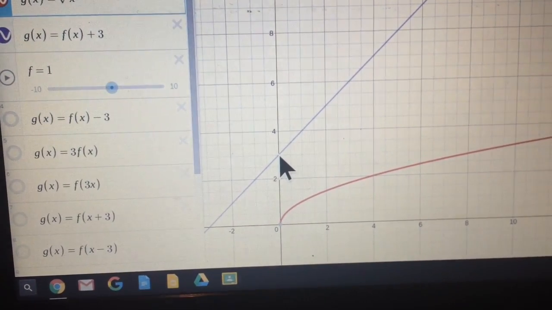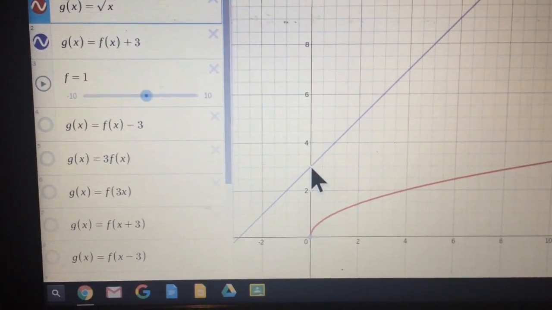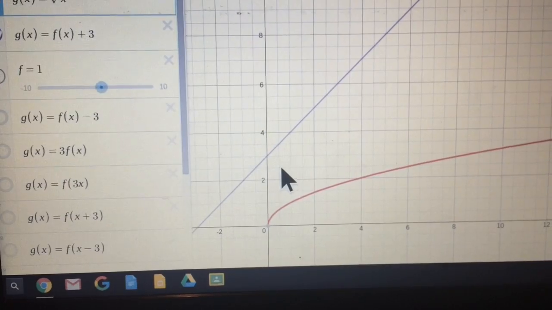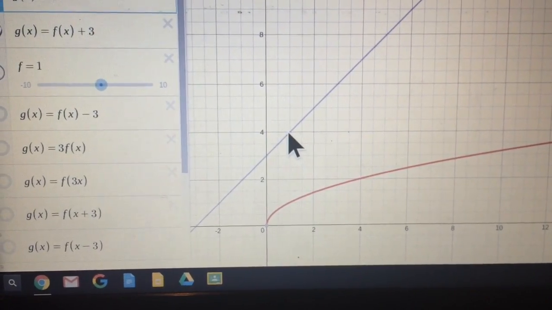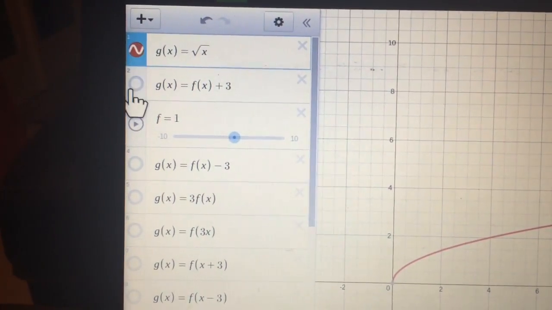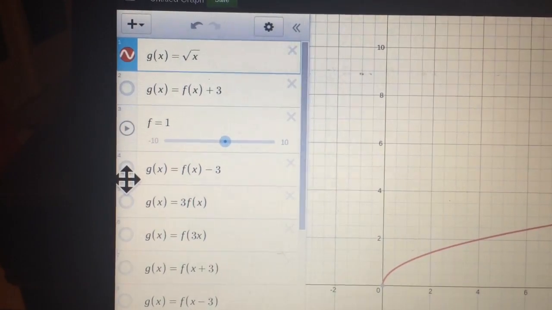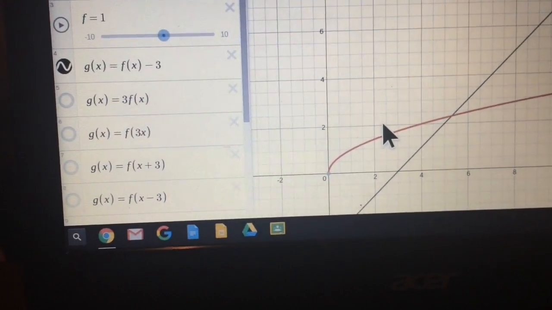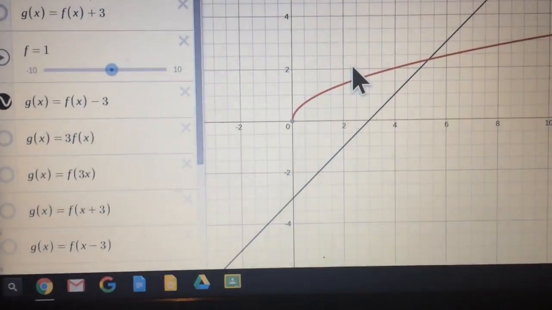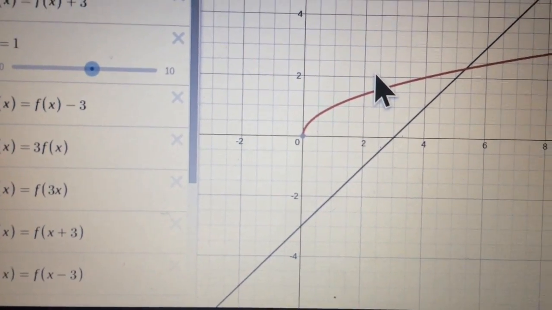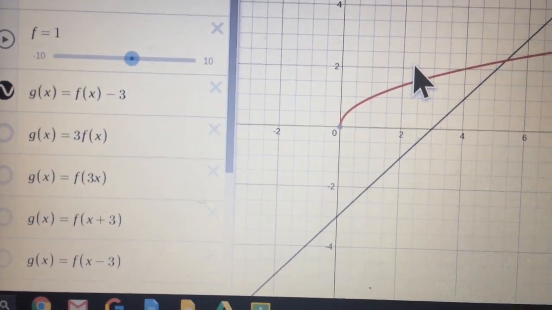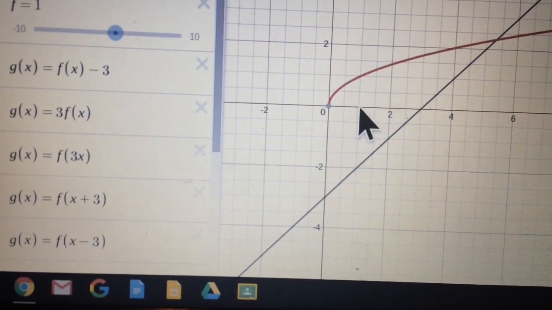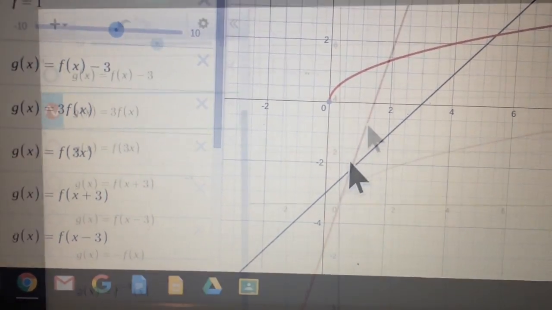So the new point would become 1, 4. Okay, so now if we turn on g of x equals f of x minus 3, it's going to cause the line to move down 3 points, and the new point would be 1, negative 2.